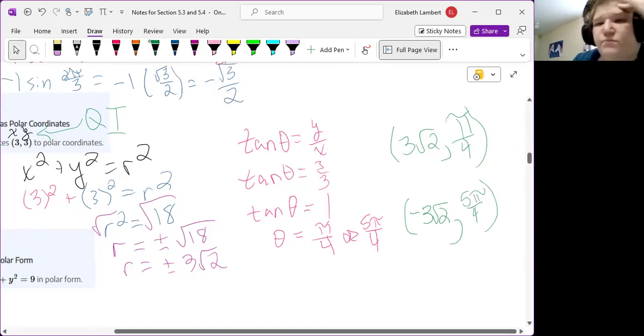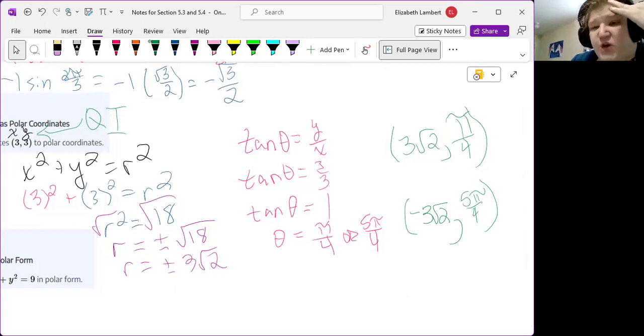So those are the two major ways to write this. I can then add or subtract 2 pi to any of those angles and keep my radius the same. So I have all the ways to write it with the positive radius, all the ways to write it with the negative radius. So it'd be any of these, just plus 2 pi for the angle, or minus 2 pi. All right, that is a good cutting point for this.